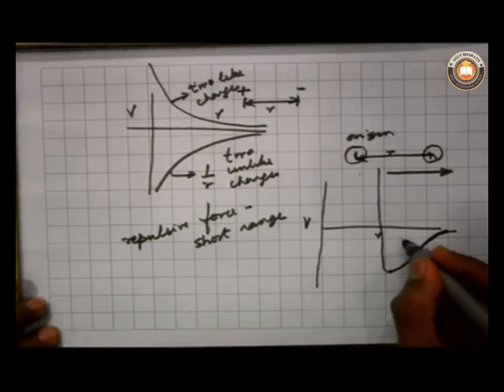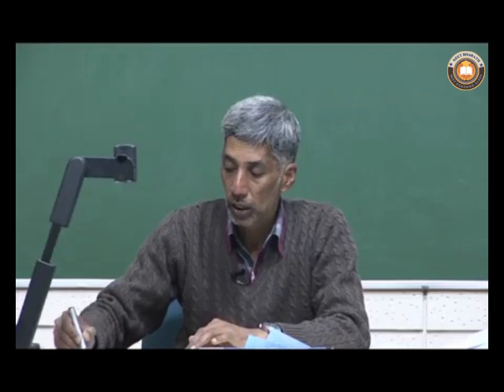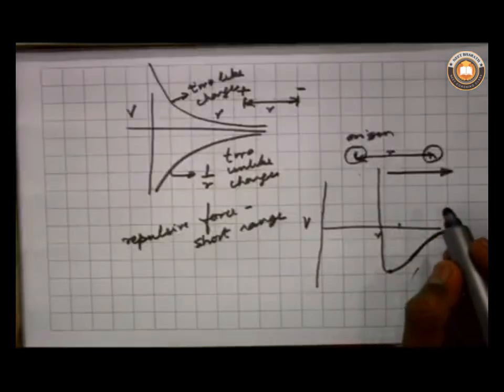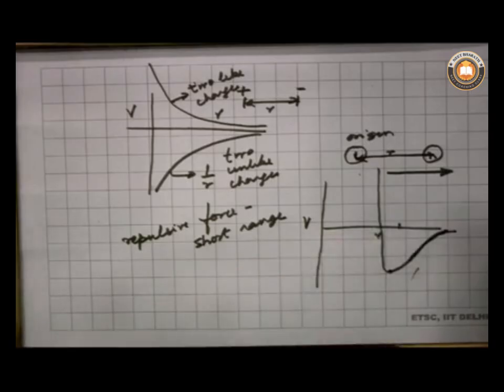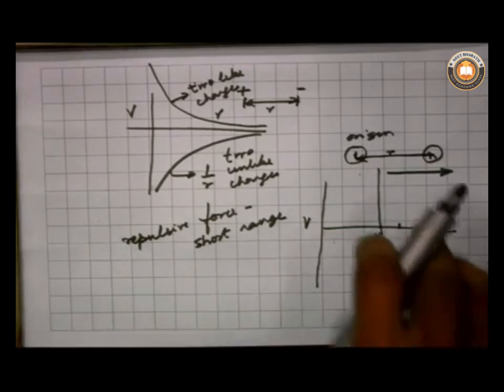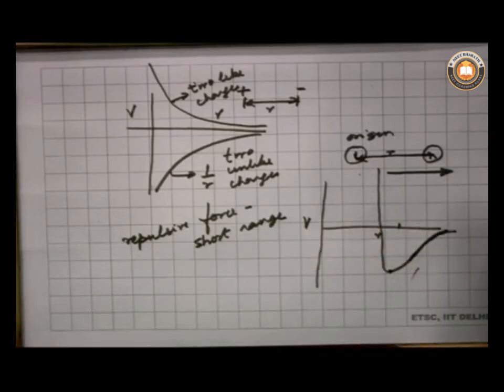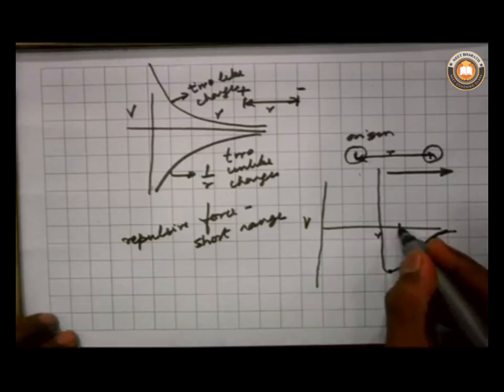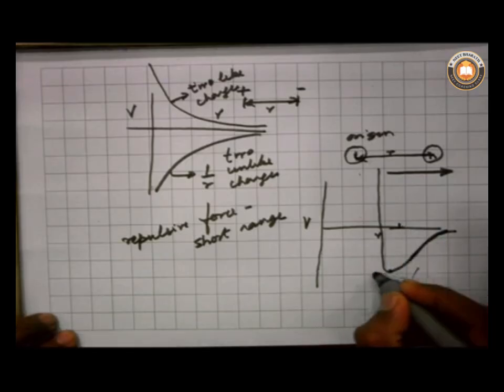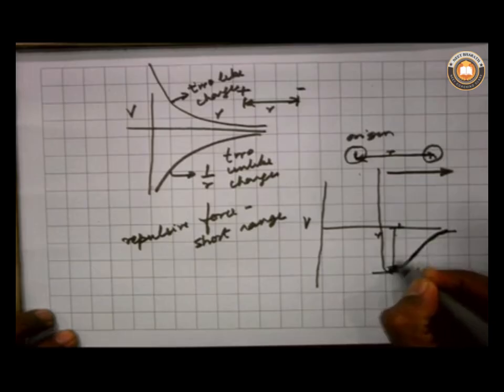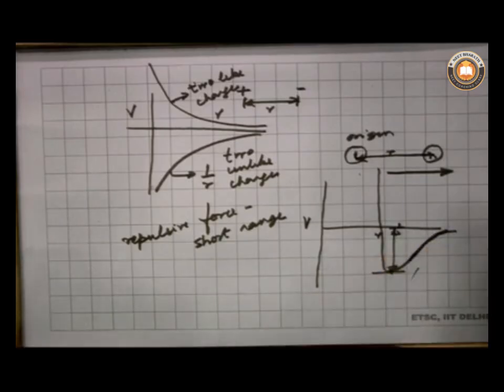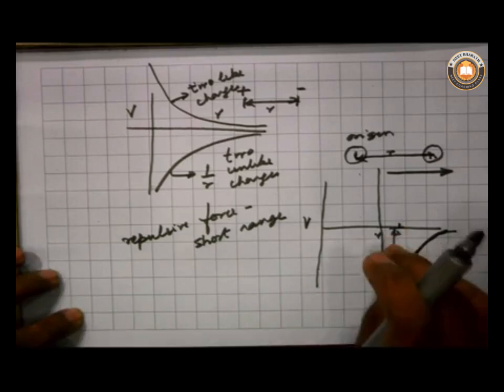So, this distance here corresponds to approximately the distance that you have between two molecules of this system in the solid state. And this here gives you approximately, for two molecules, the energy of interaction.